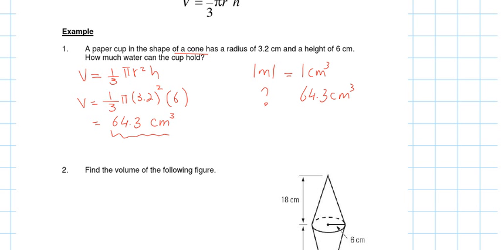It's a 1-to-1 ratio. For those of you who were not here yesterday, if you look in the first table, at milliliters and centimeter cube, the ratio is 1-to-1. So that means the volume is 64.3 milliliter. Okay? Easy.